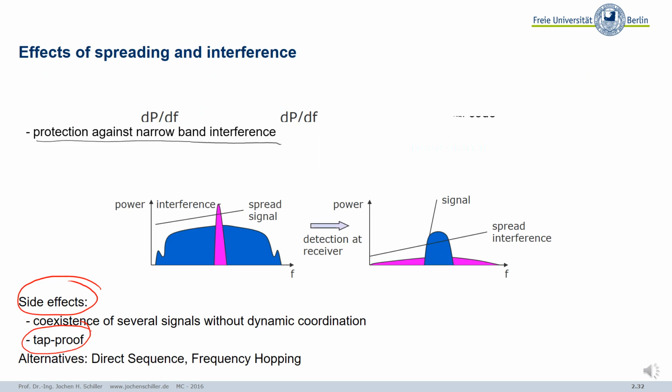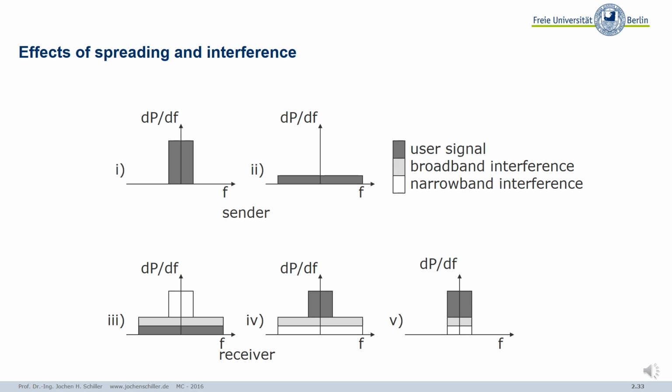Okay, so step by step. First of all, what is the effect? We start with a narrowband signal. This is now the user signal. Let's say, for example, you have a wireless LAN channel operating at 2.4 gigahertz and so on. Usually those channels are only, let's assume, 20 megahertz.